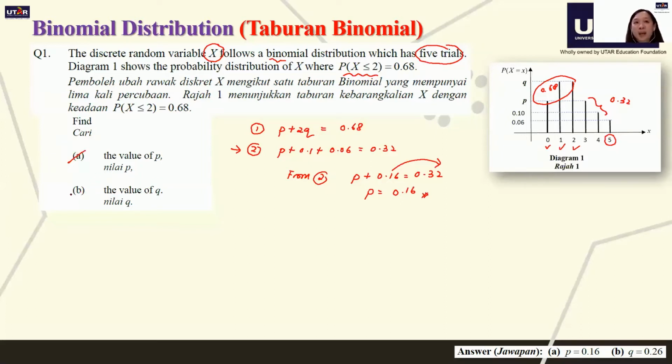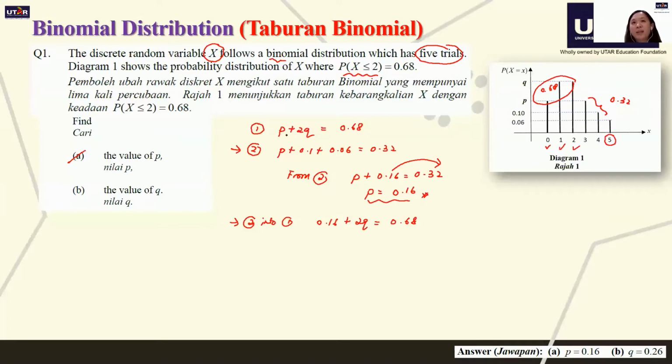Whereas for part B, we still have equation 1 to be solved. To solve further, I take the P from equation 2 and substitute it into equation 1. I will have 0.16 plus 2Q as 0.68, because from equation 2 you get P as 0.16.